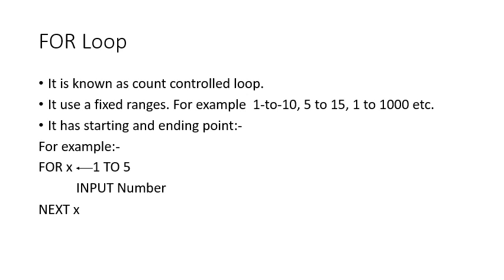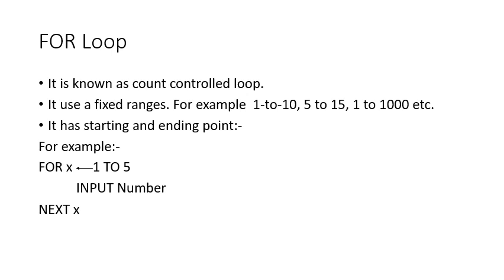For example, if I write here FOR x 1 to 5, INPUT number, the user will need to input numbers 5 times. For the first time, it will input the number. Next, the value of x will be 2, up to 5, and the user will input the number.